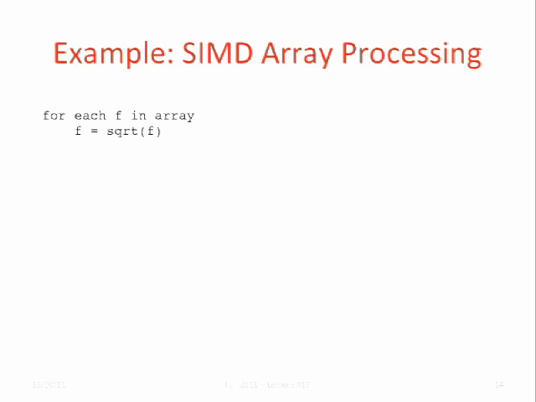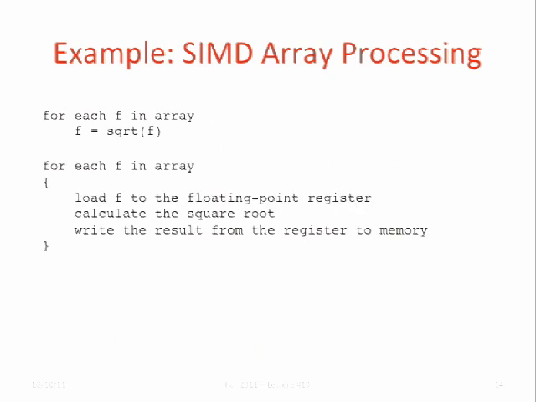If you want to do it the SIMD way, what we do here is we change that loop ever so slightly to go through the array 4 at a time. Then we load 4 things. I mean, this sounds so simple, but you've got to actually implement this in silicon. It's a little complicated. But you read 4 things at once, then you calculate the square root for each of those 4 things, and then you write those 4 things back out.